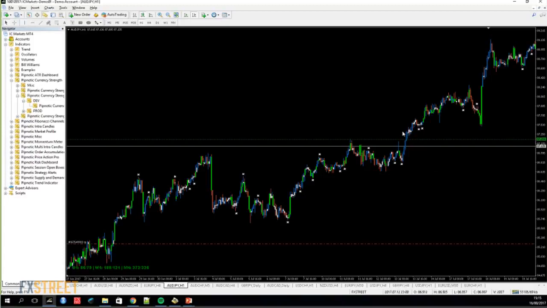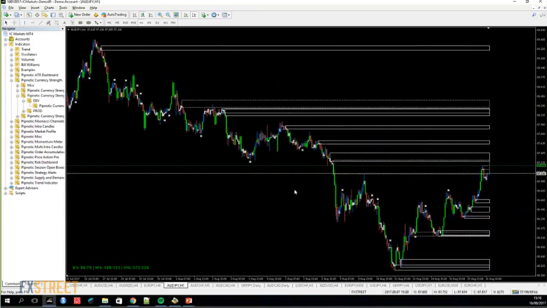Price to the right managed to move through this. So we consumed all of these micro areas of demand, and you can see the consumed areas of supply and demand, marked off with little X's. These are hourly areas of supply to the upside and demand on the downside. And of course, price managed to move through those.